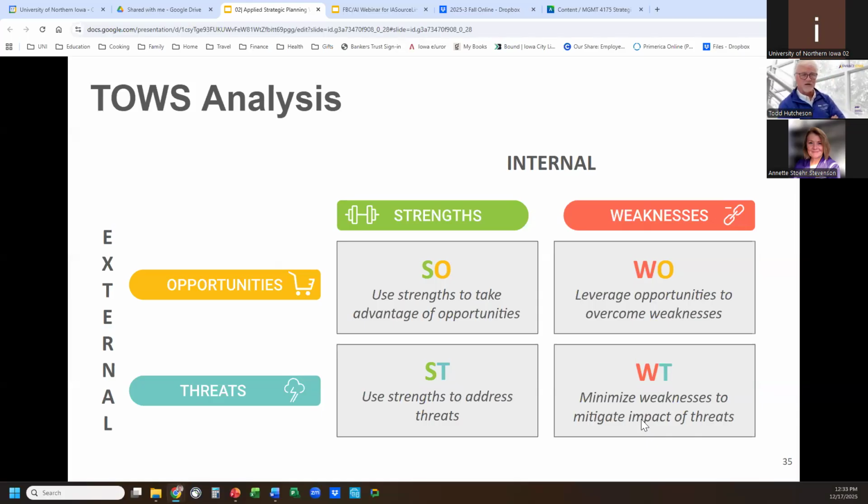Let's look at weaknesses and threats. How can I create a plan to minimize the weaknesses that I now realize because I've done the work, and to mitigate the impact of threats that might be out there? You could call this the risk management corner of the SWOT analysis. I need to create strategies that not only leverage my positives, but also minimize my negatives to make sure that threats don't take over my business.